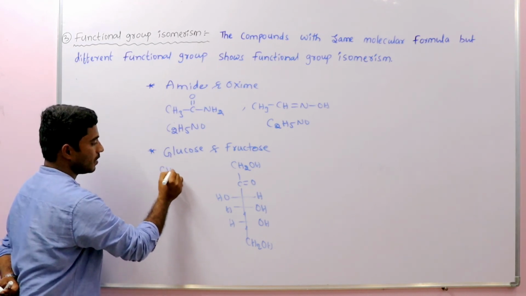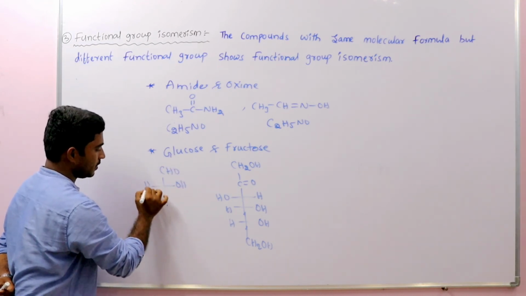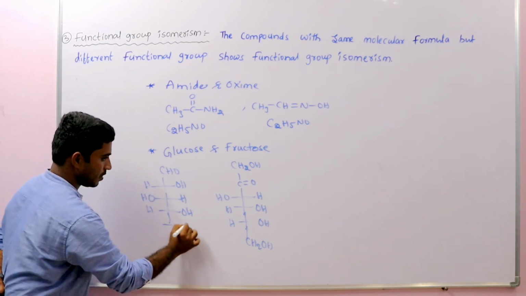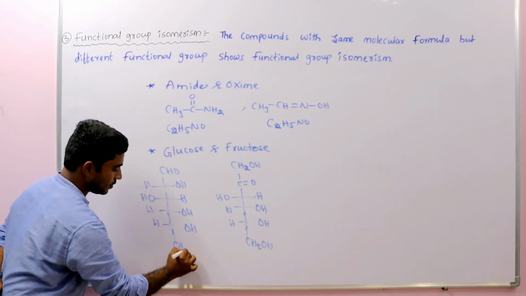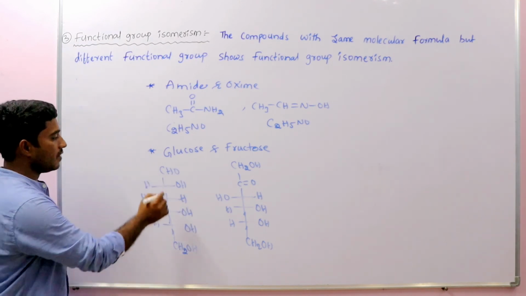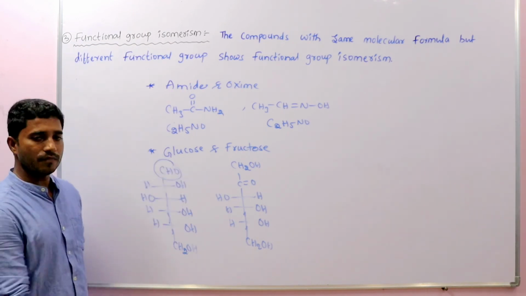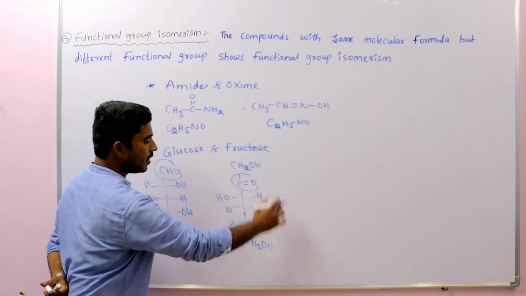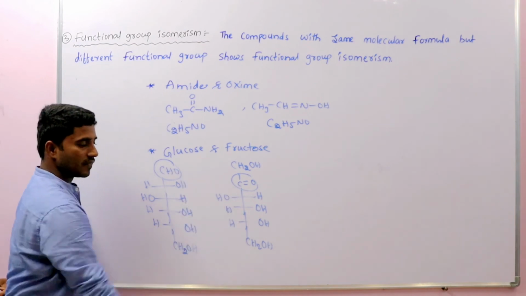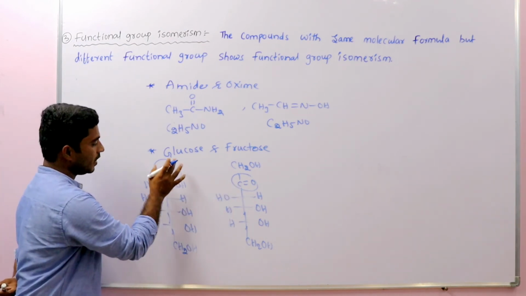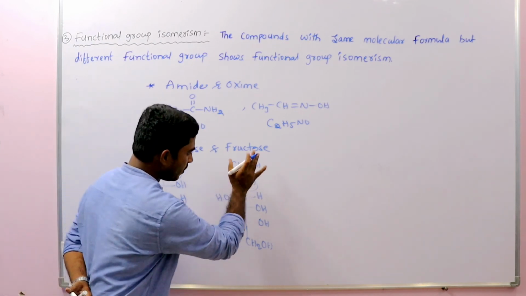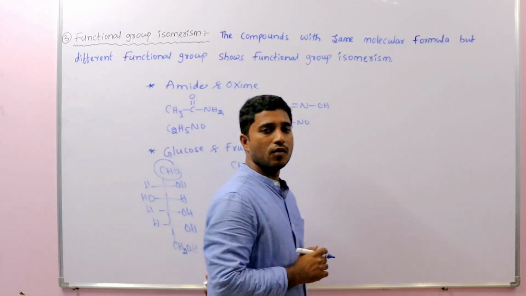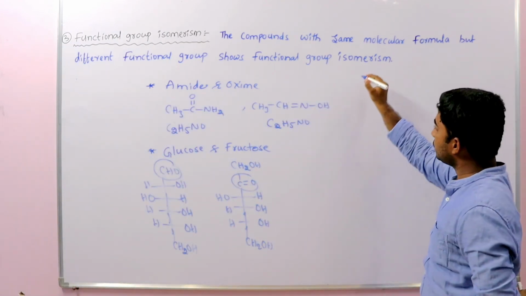Glucose: CHO, OH H H OH OH H OH H CH2OH. Here the functional group is CHO, here the functional group is C double bond O. CHO means aldehyde, here C double bond O is ketone. Same molecular formula but different functional groups. In glucose the aldehyde functional group is there, in fructose the ketone functional group is there. That's why glucose and fructose come under functional group isomers. Let us see one more example.